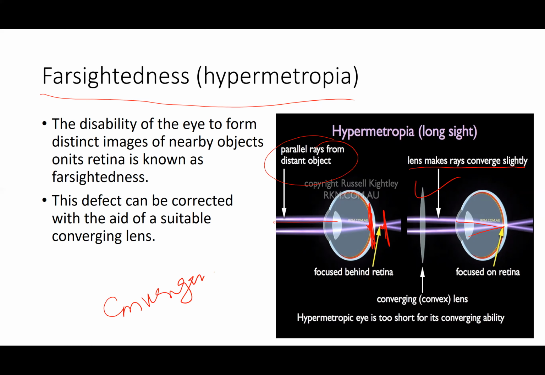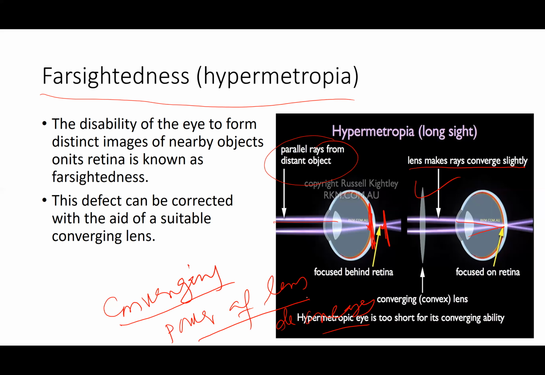The converging power of a lens decreases in one case, and increases in short-sightedness.